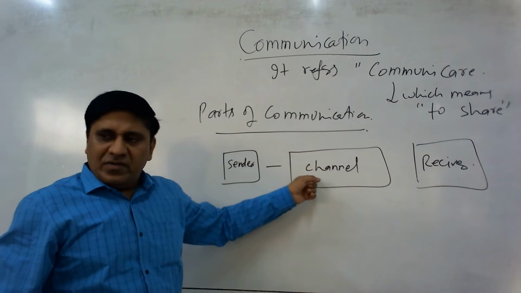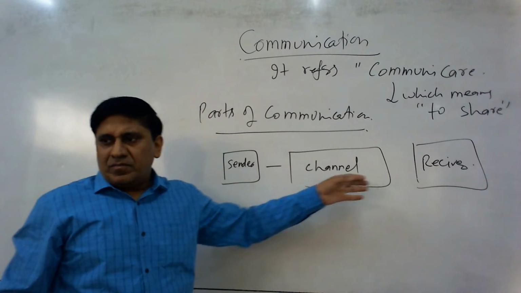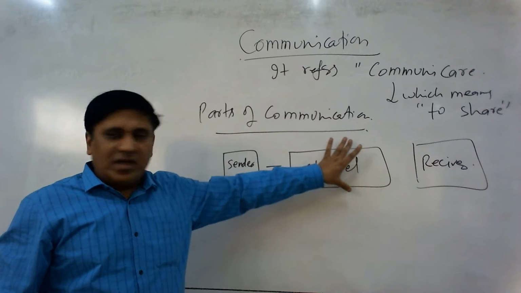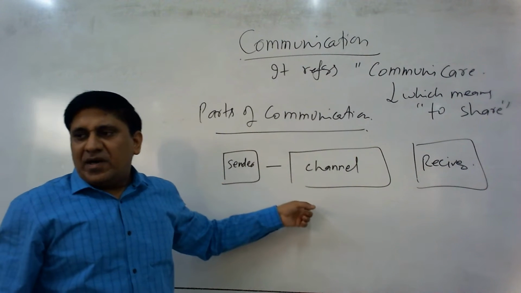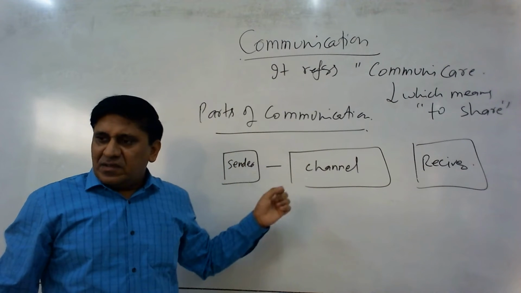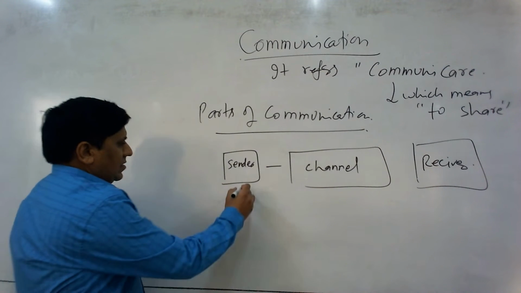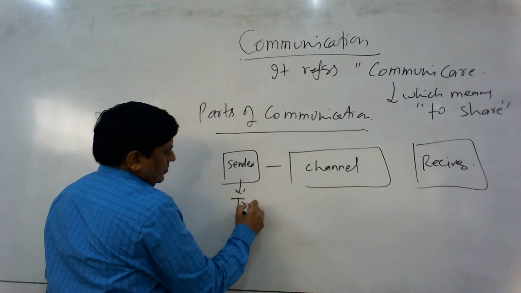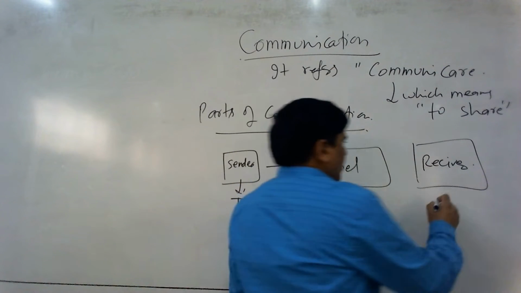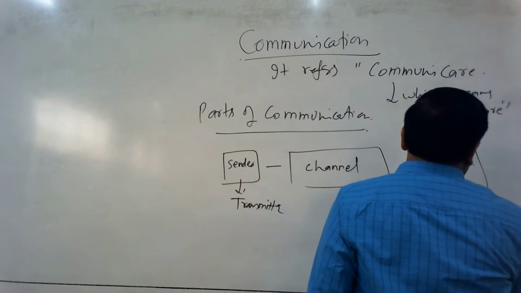The channel, where the signal transfers from sender to receiver, is a path which is the bridge between the sender and the receiver. The sender is also called the transmitter, and the receiver is also called the receiving system.